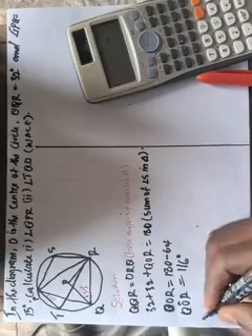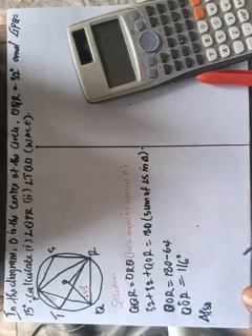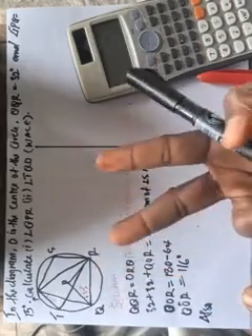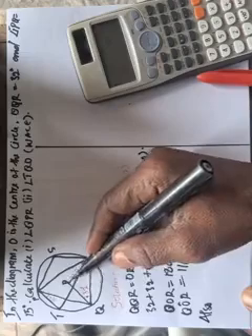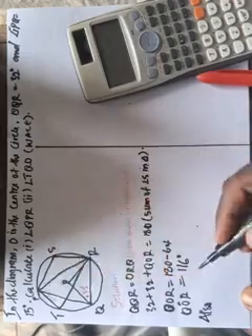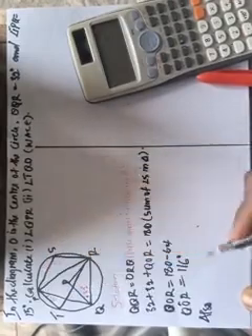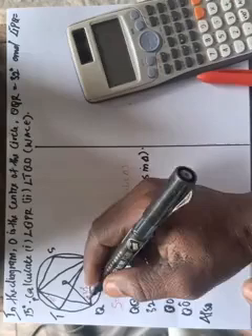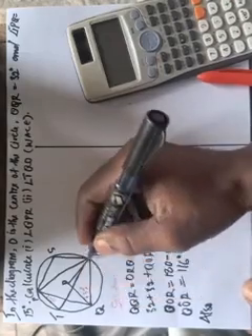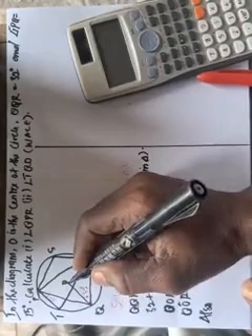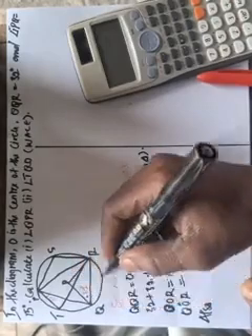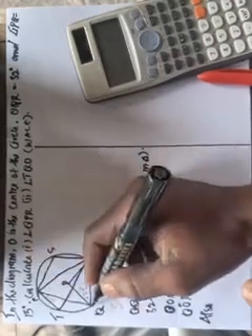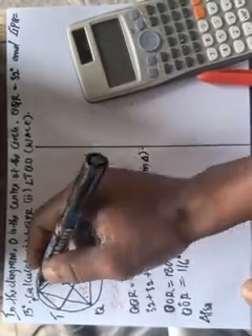Now also, if you look at arc QR, it subtends two angles, one here at the center and one here at the circumference. That's the one we're asked to calculate. So we can simply say the angle subtended by an arc at the center is twice the angle subtended by that same arc at the circumference.